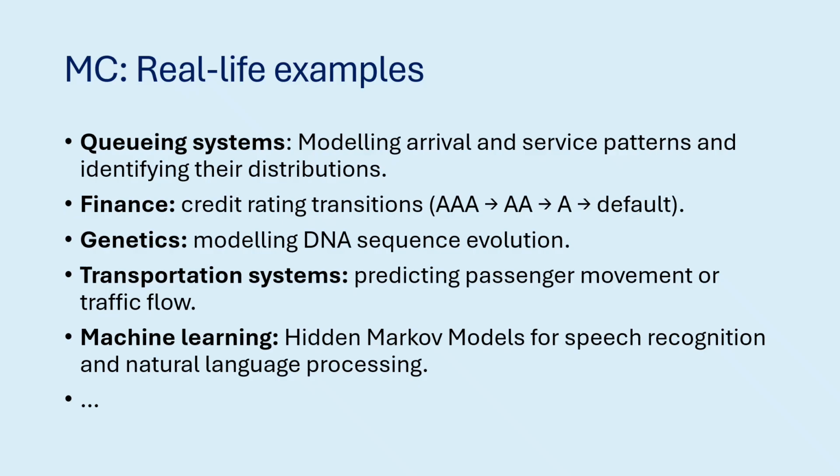Genetics is another important area where Markov chain concepts are used for modeling DNA sequencing, networking of DNA, etc. Transportation systems, predicting passenger movement or traffic flow. Machine learning is a very important, upcoming area where Markov chain concepts are used, where hidden Markov models are very often used for speech recognition and natural language processing and so on.